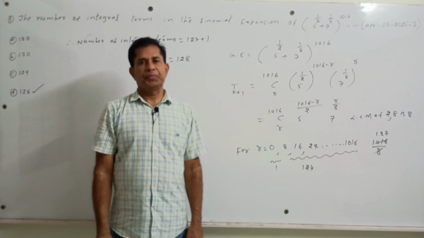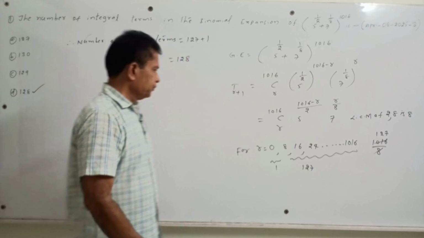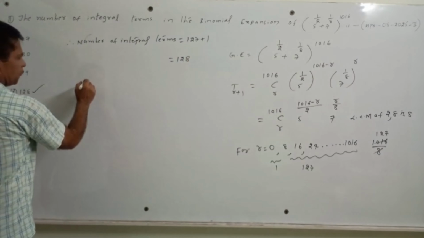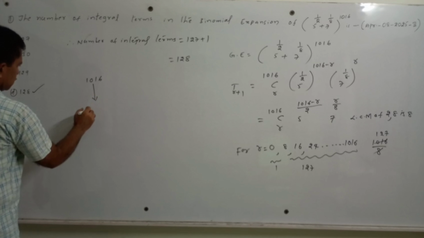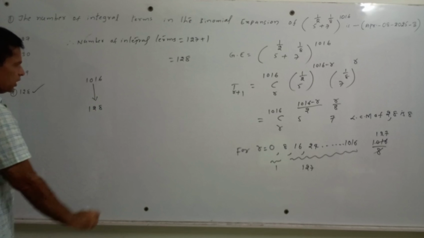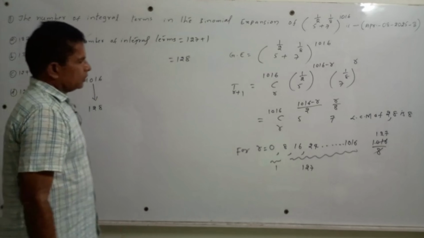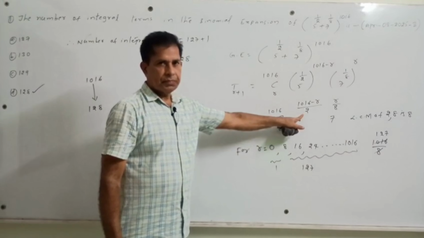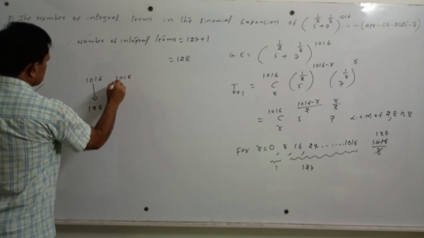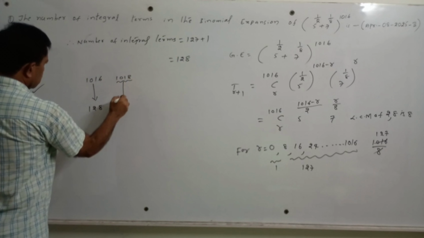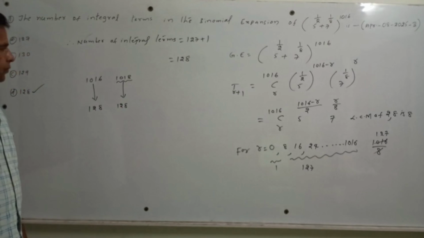Further, to understand the next solution, listen to this explanation. If the exponent is 1016, the number of integral terms is 128. Adding 2 gives 1018. If the exponent is 1018, the number of integral terms will be 128 only.